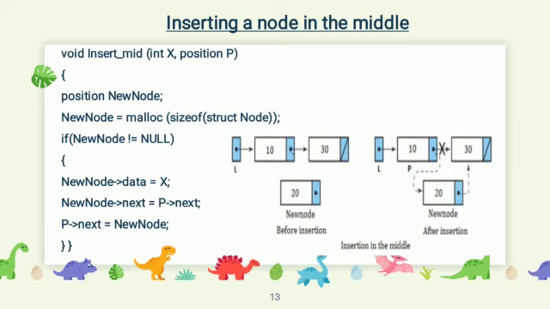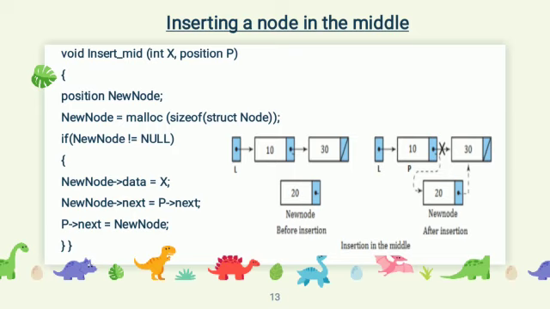Okay, then we use the normal procedure. First, we declare the position for the new node and also allocate the memory for the new node. If memory is enough, we insert the new node using 3 steps. First, we store the input x value in the data part of the new node.